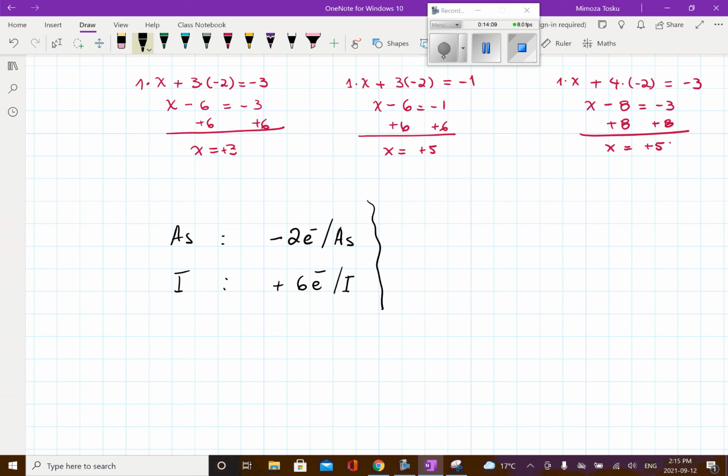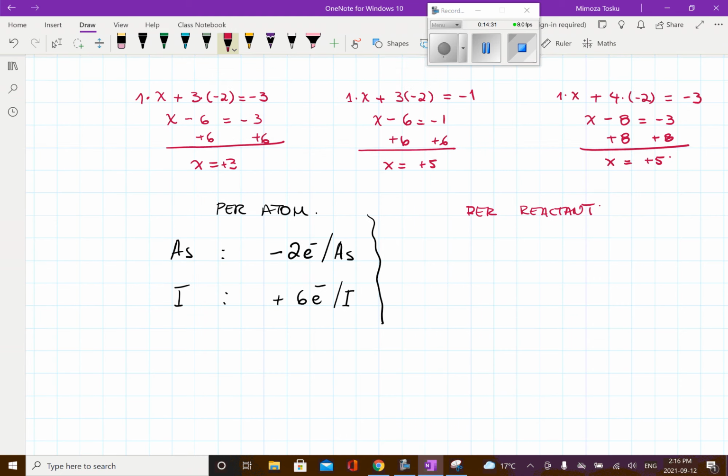So this was per atom. This is the third step, I think, per atom. And then when we are finding the electron exchange per reactant, then we will take a look.